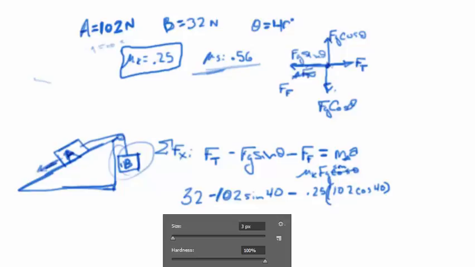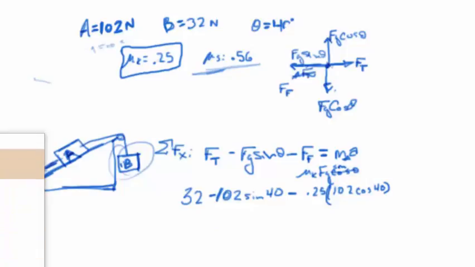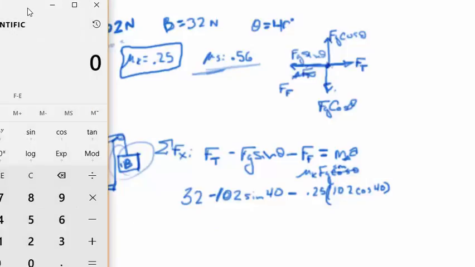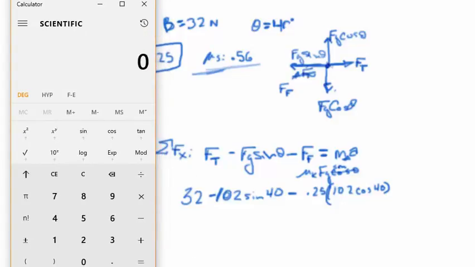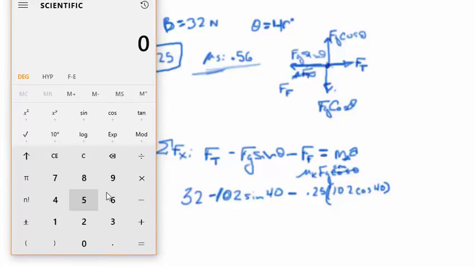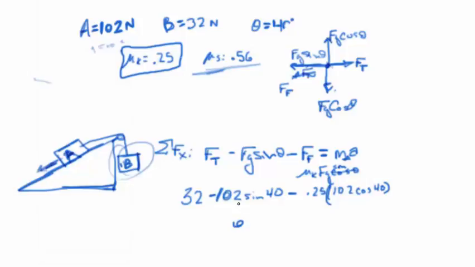And I should have left my calculator up. Let's make this guy a little bit smaller if I can. Nope, I can't. Alright. So 40 sine times 102 equals 65.56.